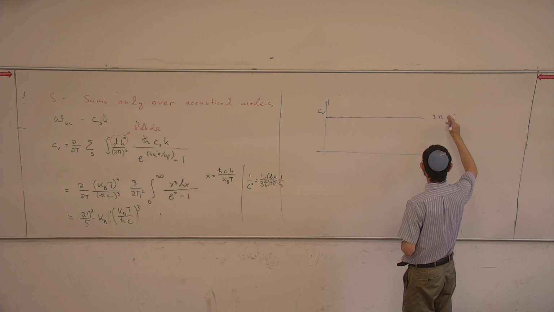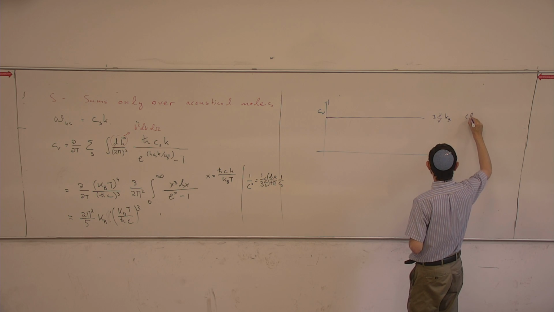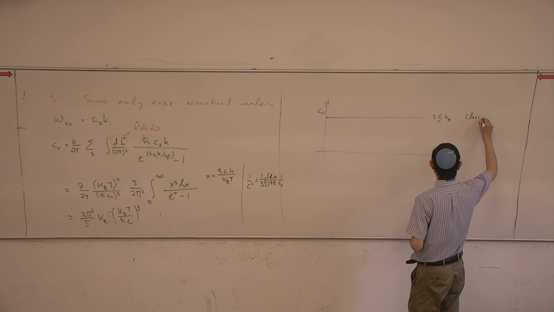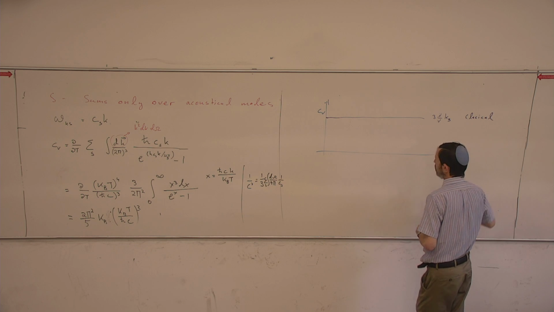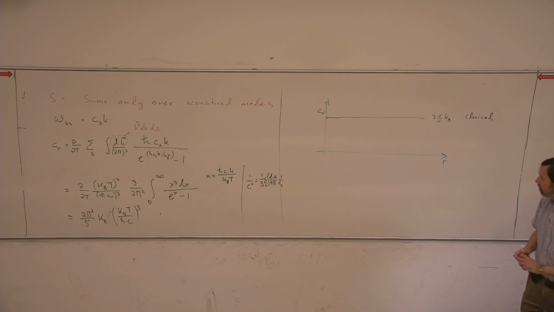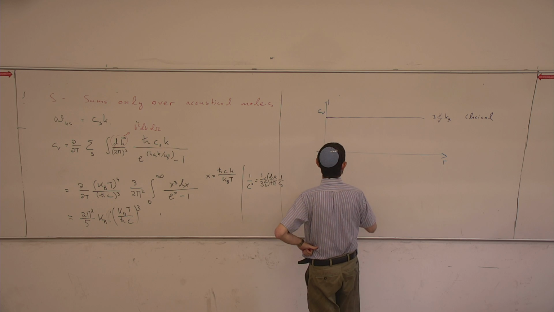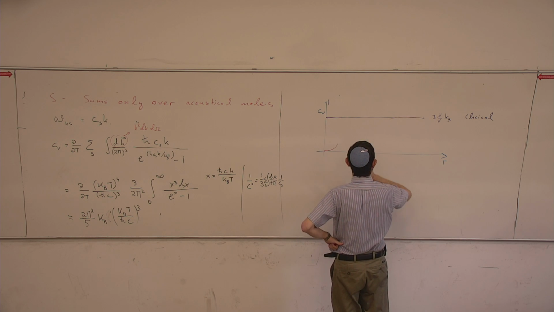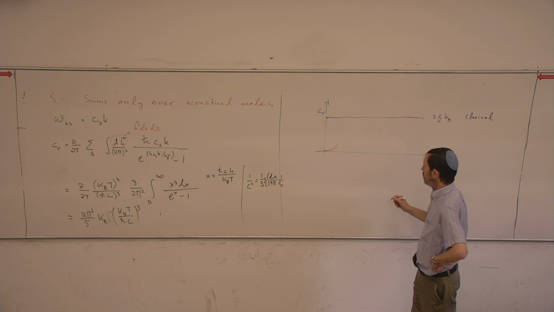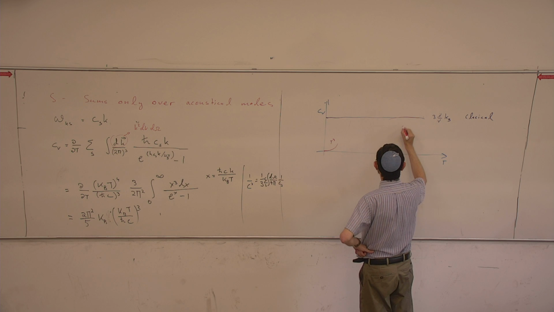Per unit volume, so classical. The red is quantity.